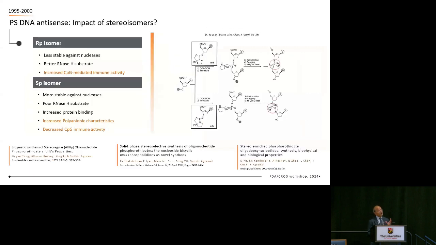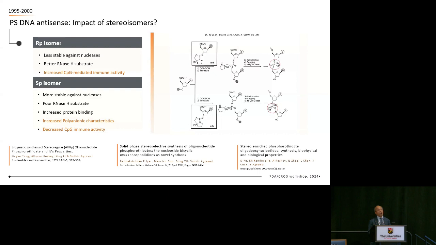So again, as I said, the compounds in those years were mixtures. So there was a theory that it could be stereoisomer dependent. So we made both R and S isomers and separated them out. And it came out that the R isomer is not stable enough, but it does cause increased immune activation. But the S isomer is more stable.